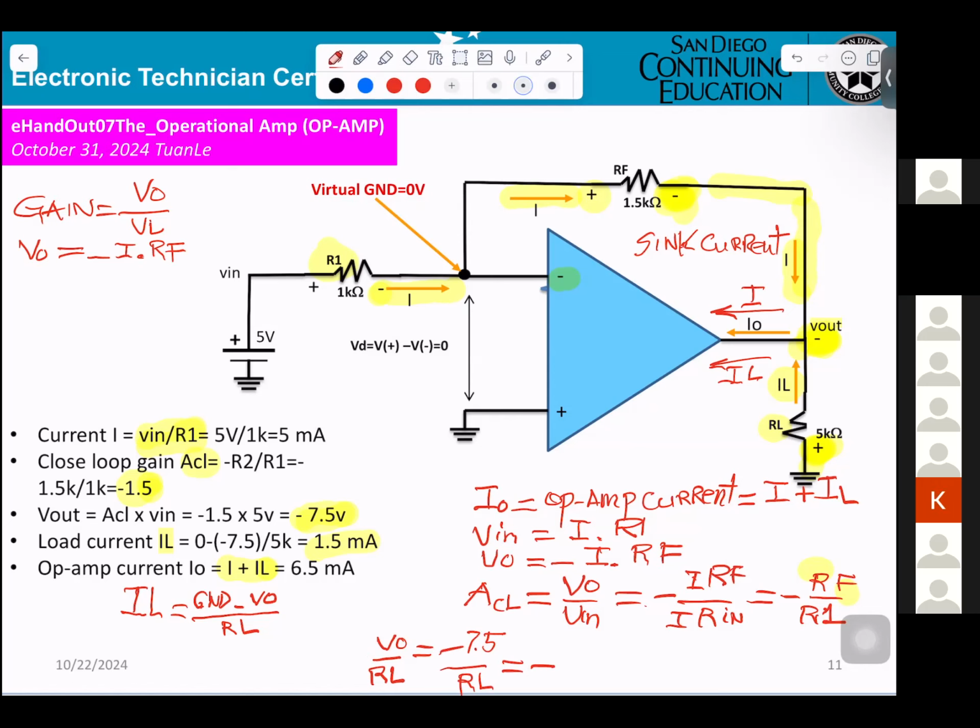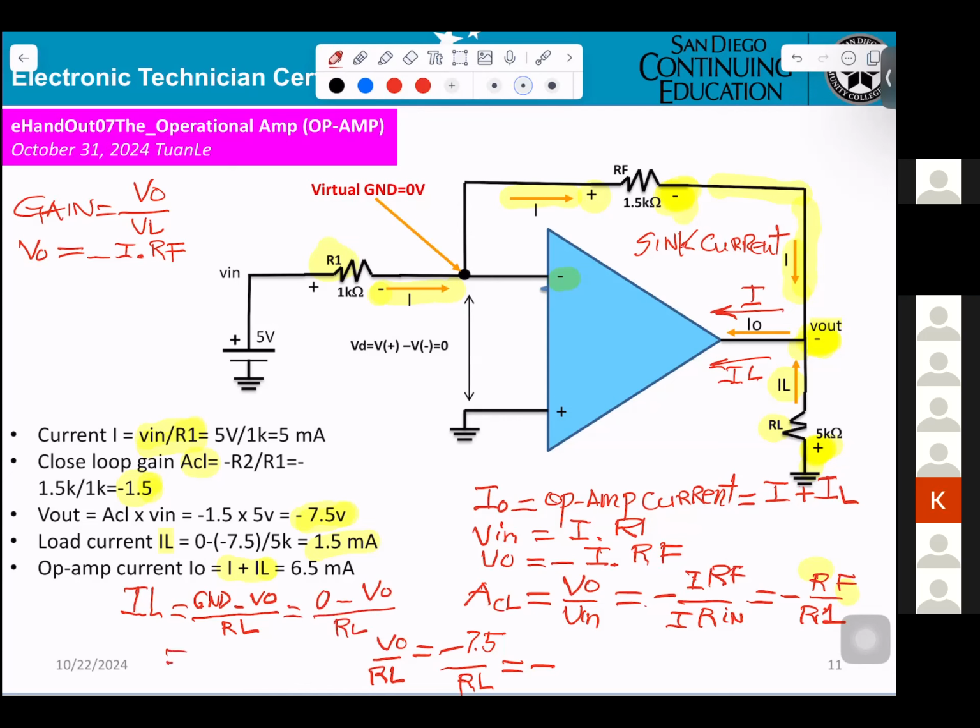Correct? We don't have a minus current. Current has to be positive. That's why when you calculate IL, you have to take the difference between RAW and VL. Then you can see RAW means 0 volt, correct? Minus VL. Then you divide IL.